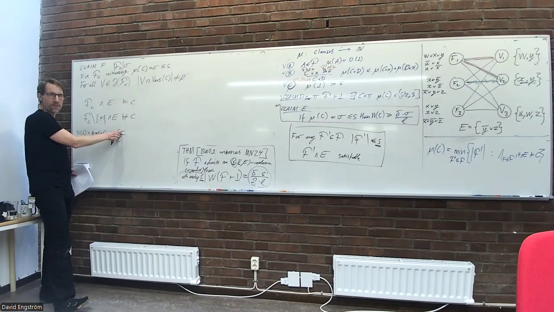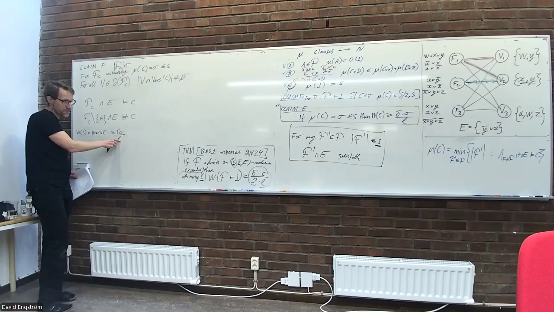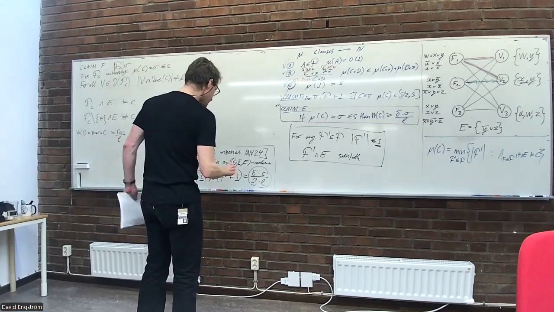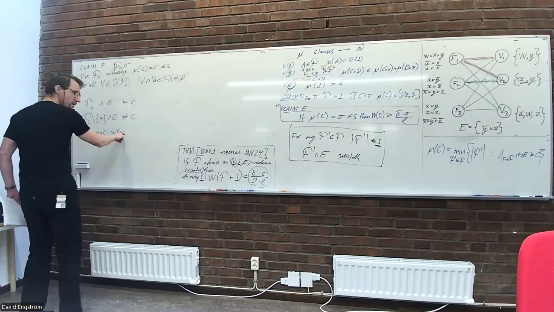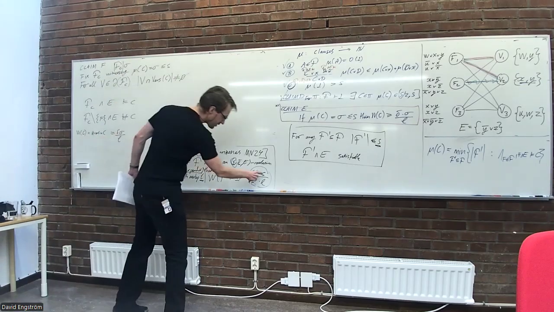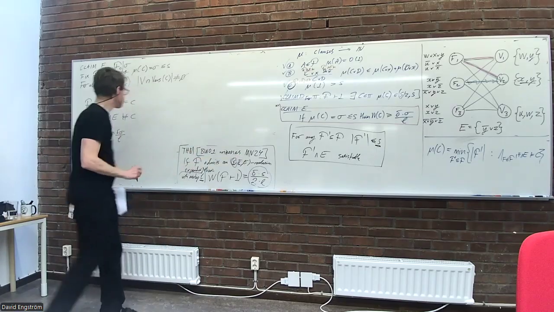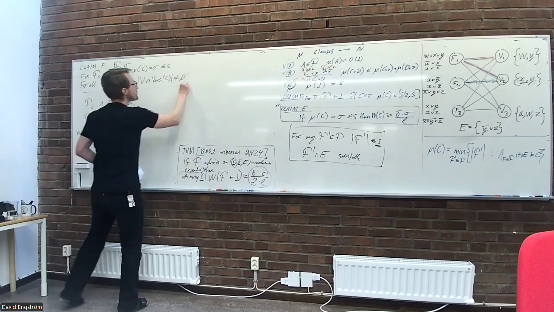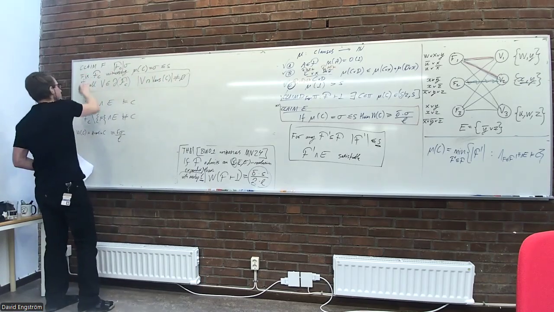How often could I pick up any single variable in this multi-set? At most this many times. And now, since sigma is at least S over 2, now we're done, if we can get this. So we only have this left now.